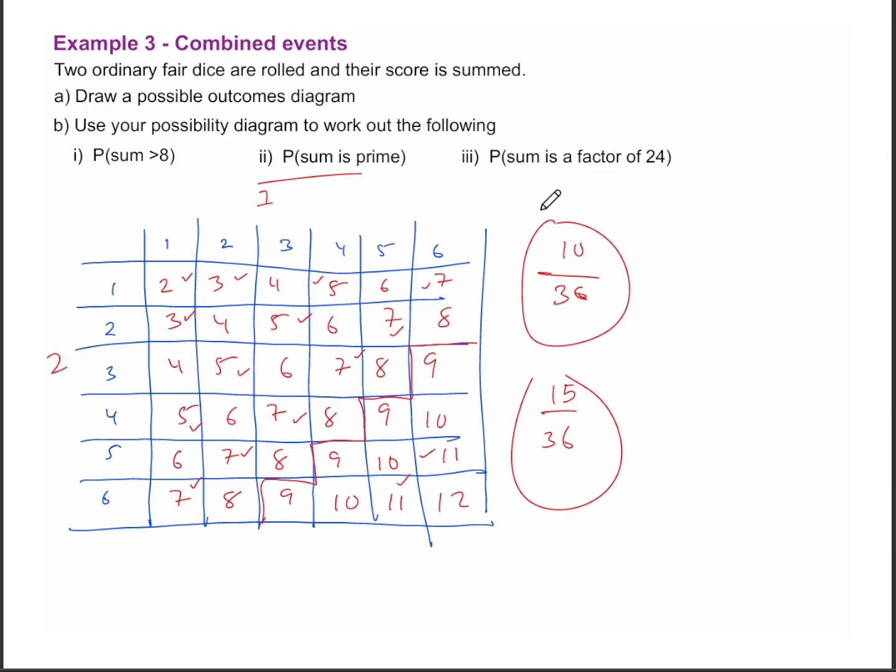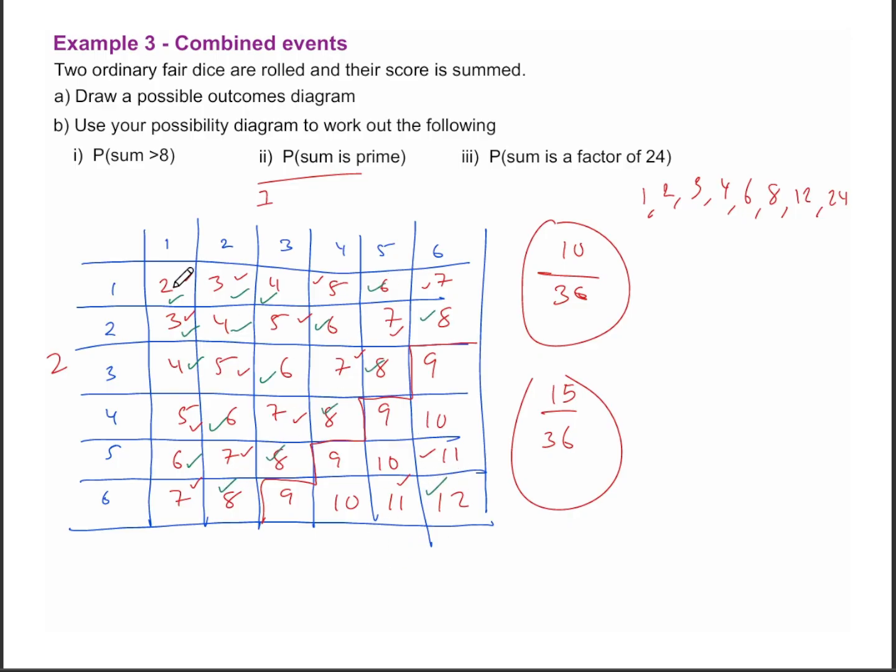Finally, we are told to find the probability that the sum is a factor of 24. Now, what are the factors of 24? We have 1, 2, 3, 4, 6, 8, 12, and 24. So just have to find where do we get these numbers. We have 2, we have 3, we have 4, we have 6, we have 8, and we have 12.